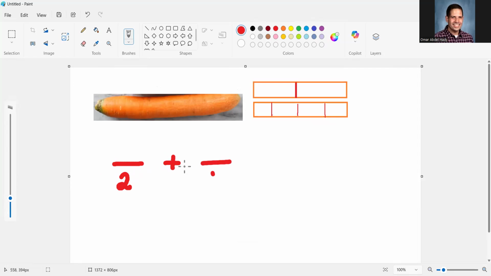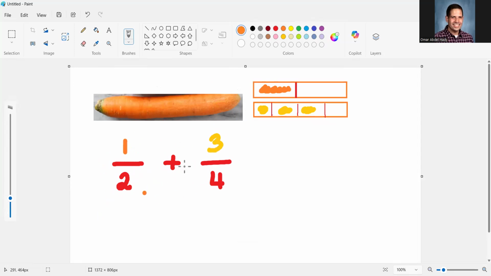Okay, so let's say we have 1/2 of a carrot, okay, and the other one we have 3/4 of a carrot. Okay, so here is 3/4, and here is the 1/2.